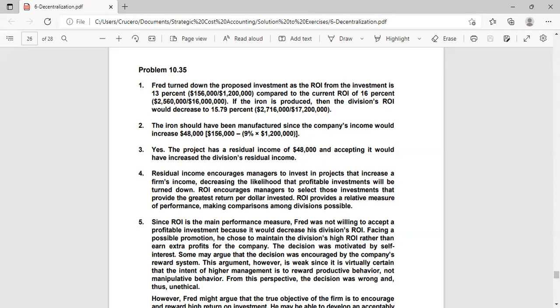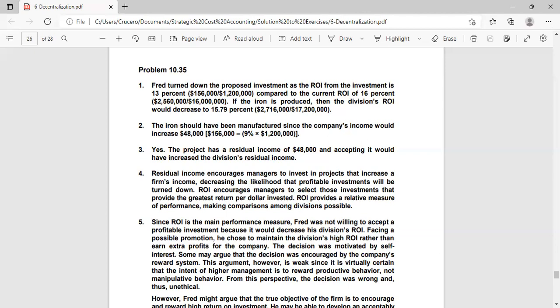After some careful investigation, the marketing and engineering staff recommended that the division invest in equipment that could be used to produce a crimping and welding iron, a product currently not produced by the division.